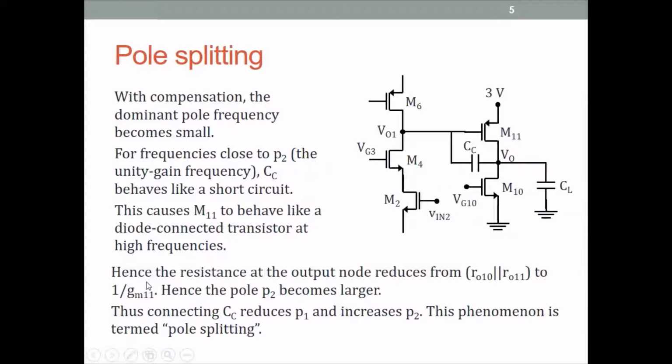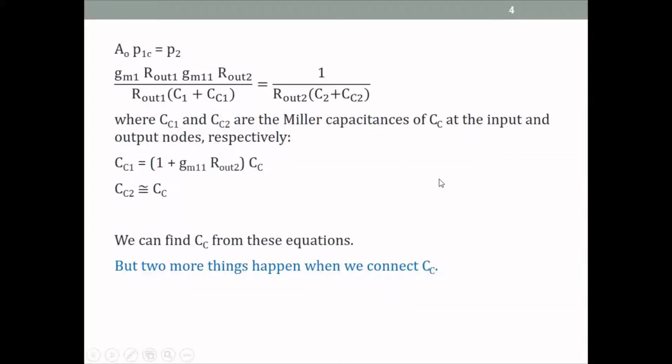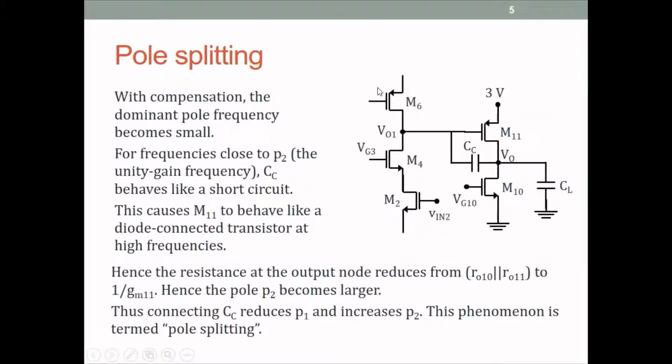Now, if this 1 over GM11 is much smaller, then look at the pole P2, which is determined by the capacitance at the output node, which we have called C2 plus Cc2. The resistance seen by C2 plus Cc2 is no longer the parallel combination of the two ROs. It is 1 over GM11. So RO2 has become smaller, and P2 has become larger.